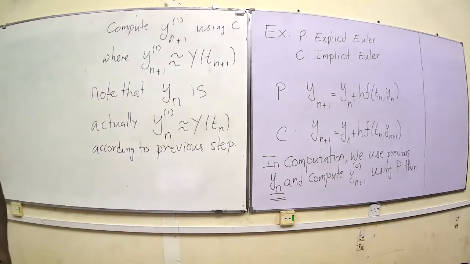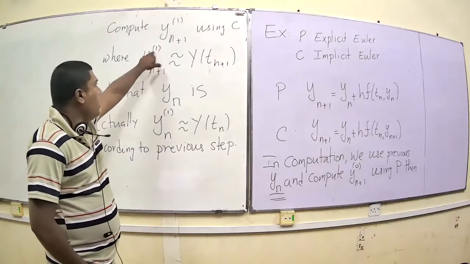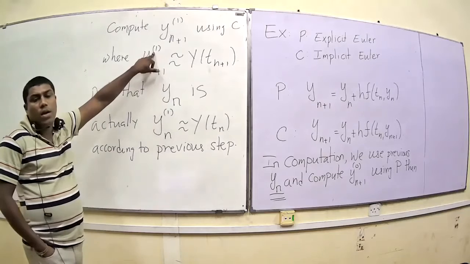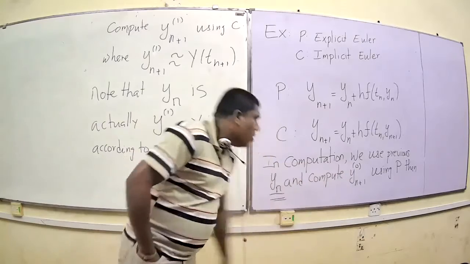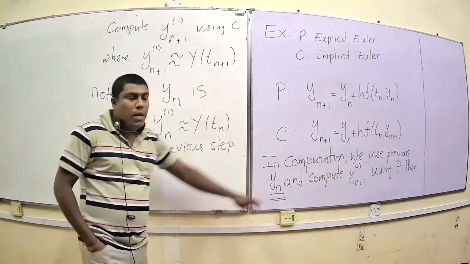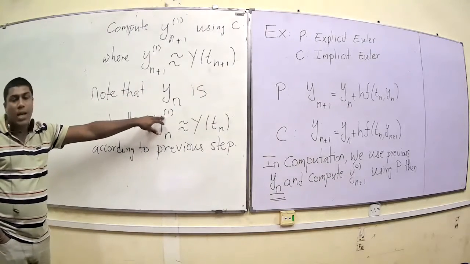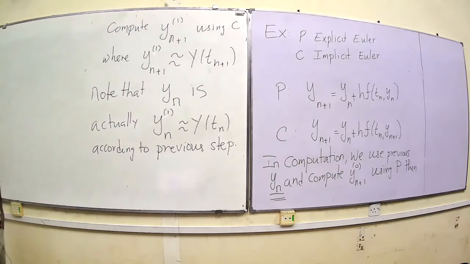This is the important thing, because in order to avoid confusion in the notation I am going to use in the derivation of the absolute stability, you should not get confused with the notations. At each step, 1 is the superscript you are going to have for the approximation, but to get 1, you need to get a 0. To get a 0, you need the previously computed value, so the previously computed value should be yn1. That is the notation I am going to use here.